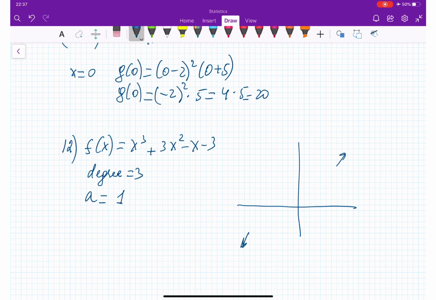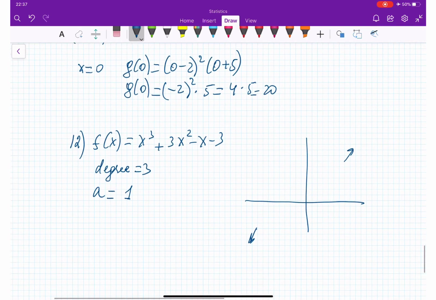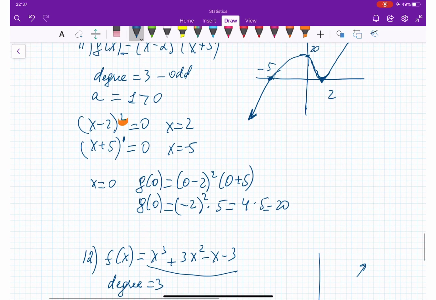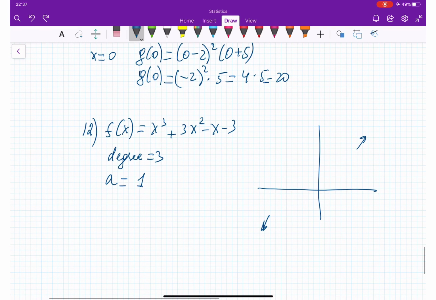So now let's find out these points on the axis, how we can find out through here. So I have to factor it down, bring it to this format, so we can work with it. Let's see. X cubed plus 3x squared minus x minus 3. When we have 4 terms, for factoring we usually use grouping.